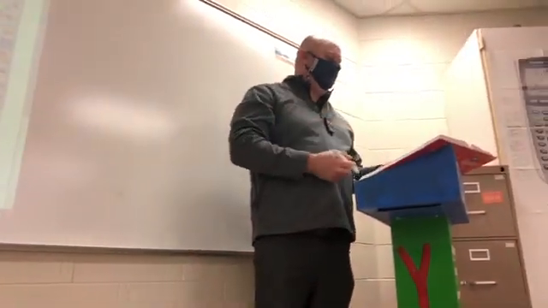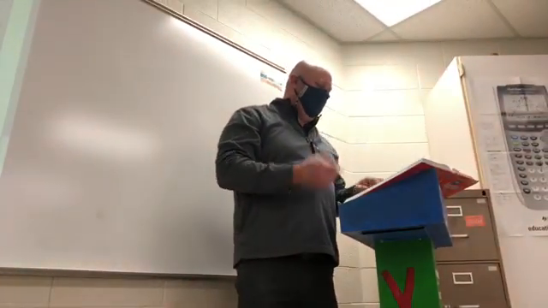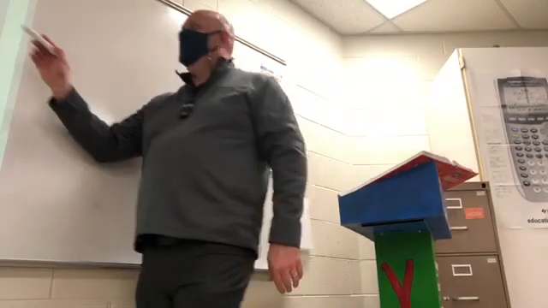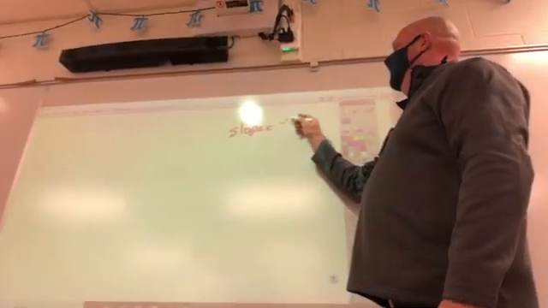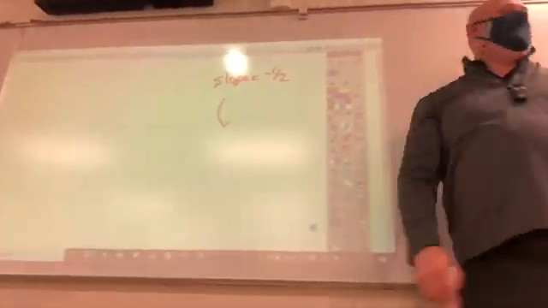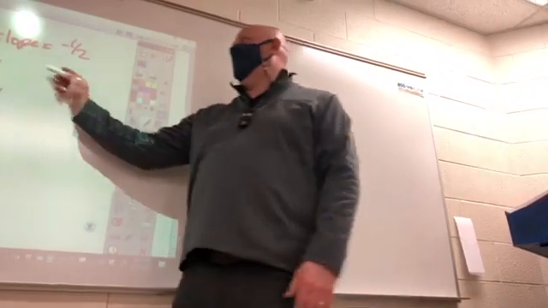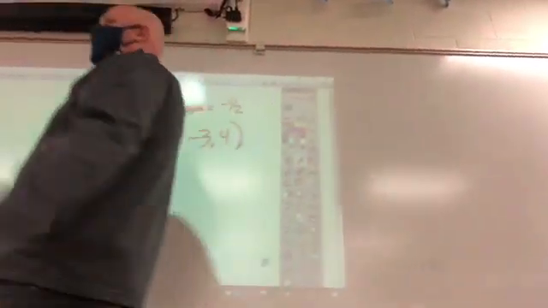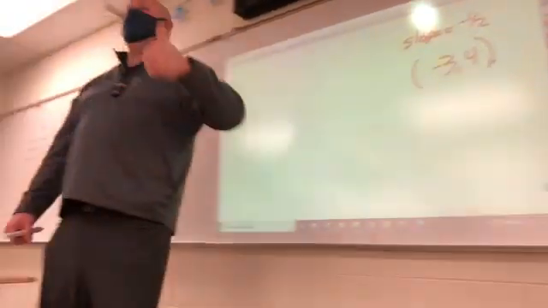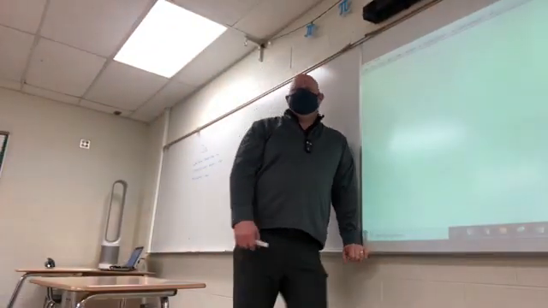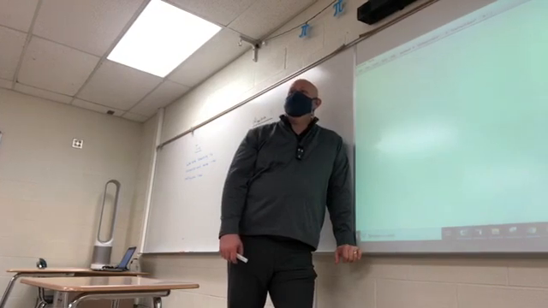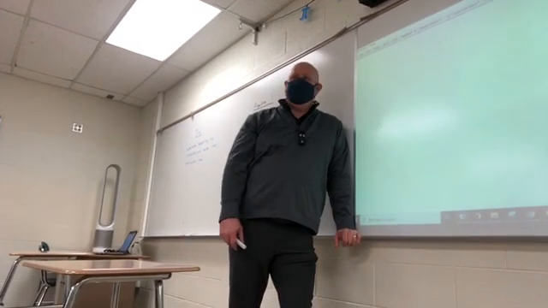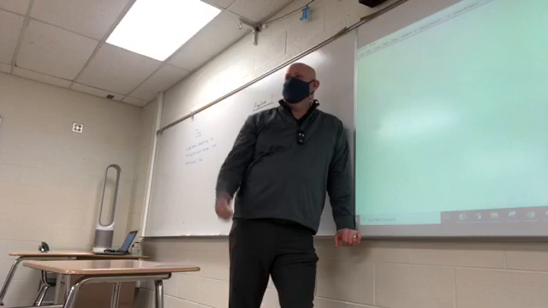So let's say I give you slope is -0.5 and point is -3, 4. And all I said was write an equation of this line. If I say write an equation of this line, any equation of this line, can you just tell me the answer right now?